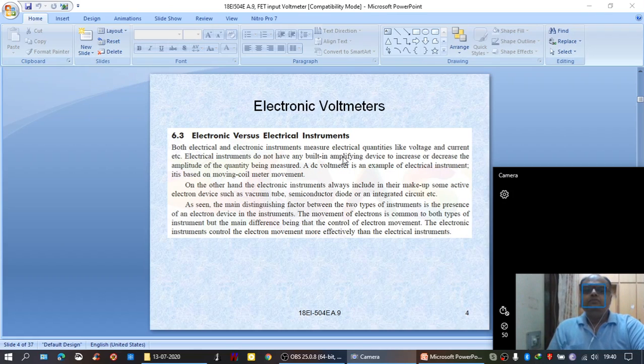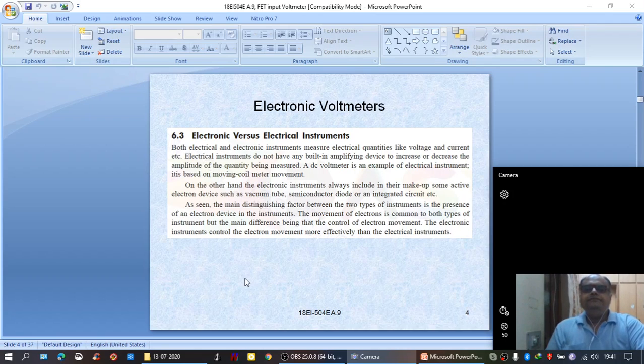What are electronic voltmeters? To discuss electronic voltmeters, first we should know the difference between electrical and electronic instruments.